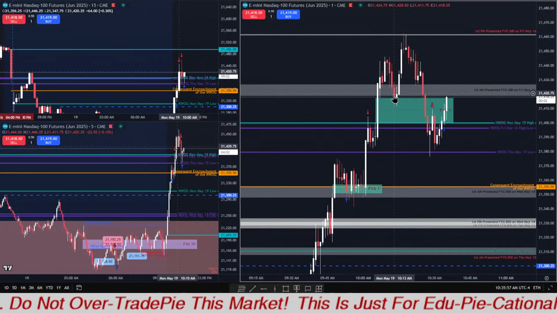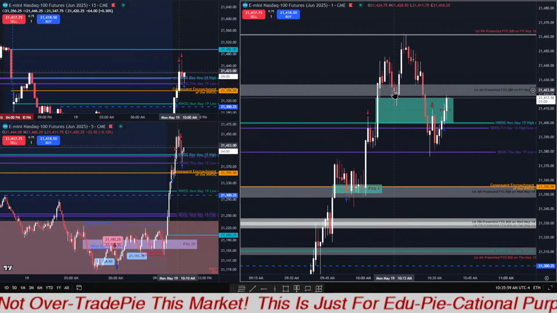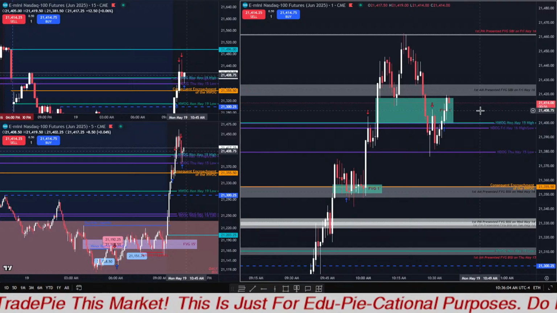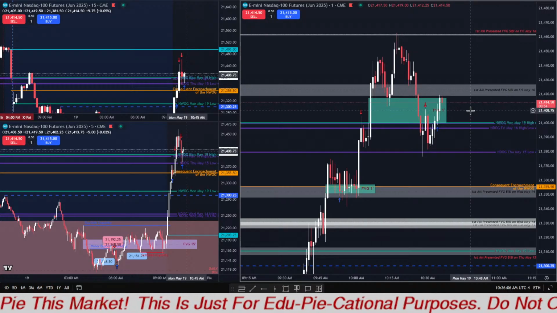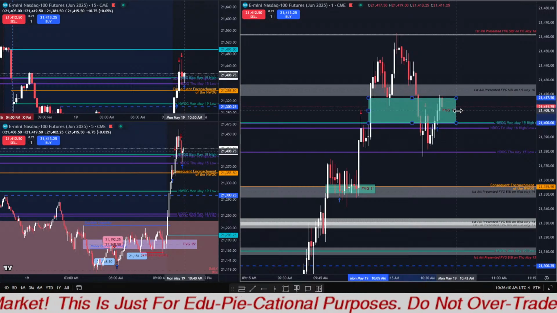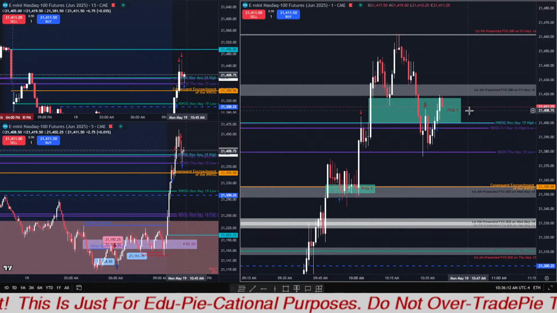We tapped into this breaker block over here. Now I'm waiting for the candles and their closing. We respected the fair value gap by their bodies.